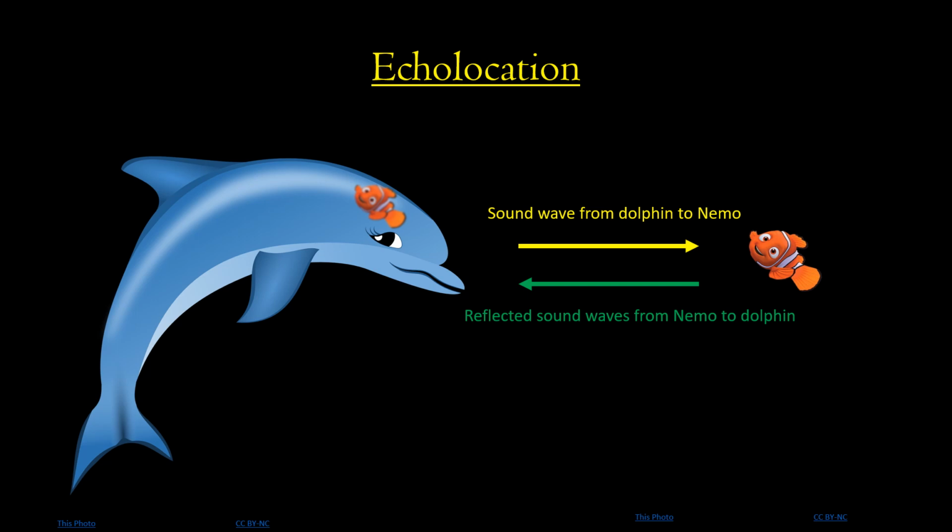This is called echolocation. The sound waves produced by dolphins have a very high frequency, as you will see in the next question. Sound waves with very high frequency are called ultrasound, and we will talk about ultrasound in another video.